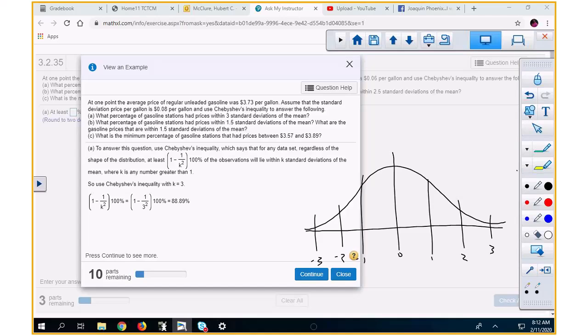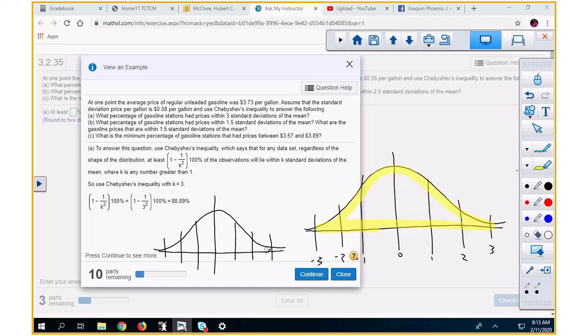And they want to know, by Chebyshev's, how much is in there. Of course, if you had z-scores, let's do the z-score. Somebody do that. We're going to do them together.